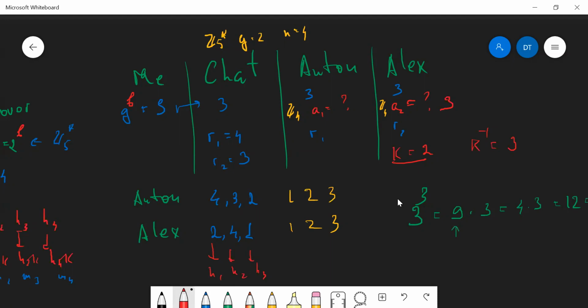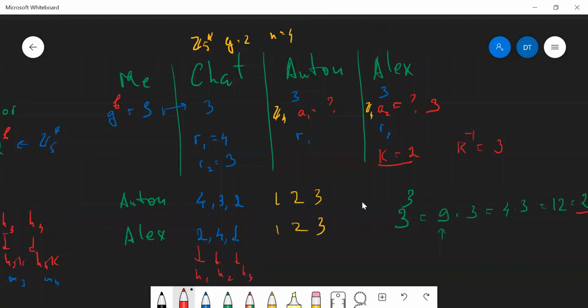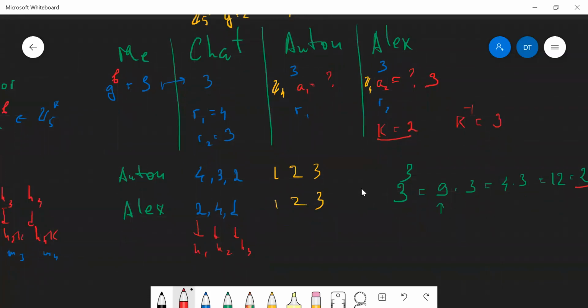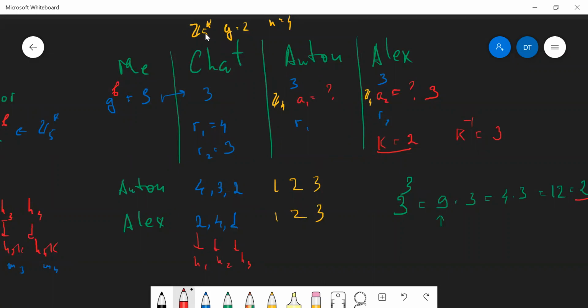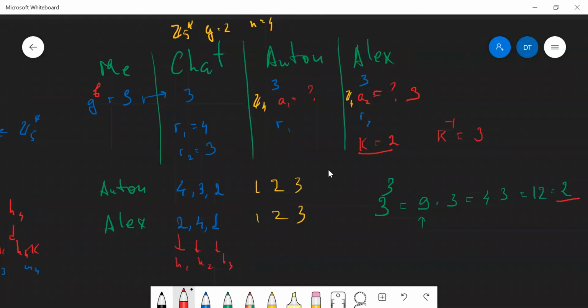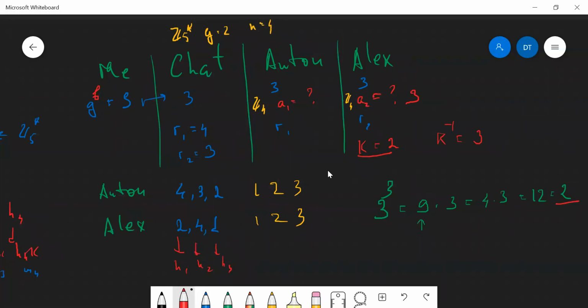So I hope it's clear that it's not feasible if the number here is large. Now it's like a toy example where 5 is a small prime number, but it's a good teaching example because you have to see how it works with small numbers.